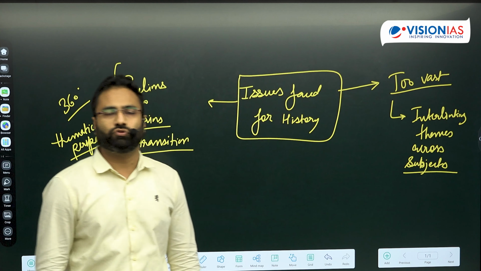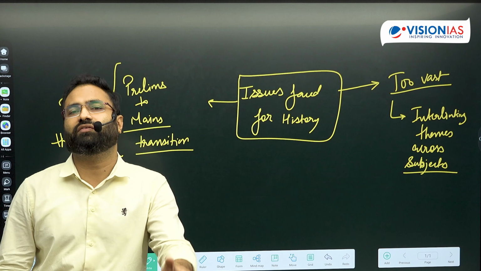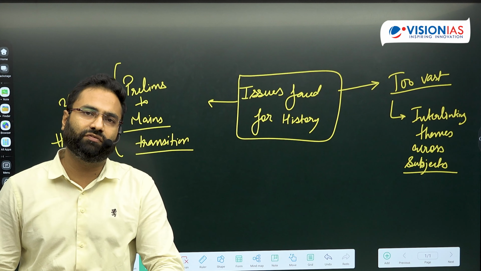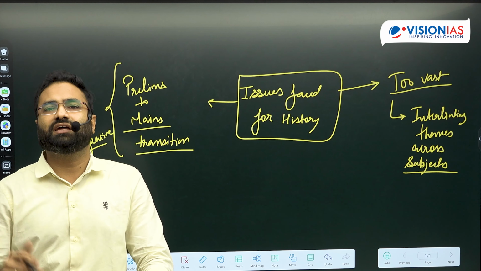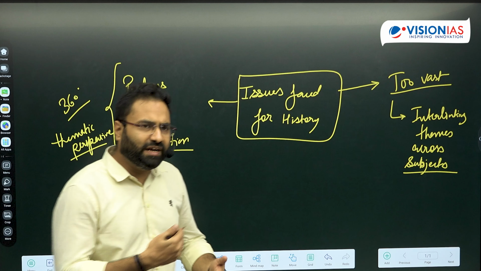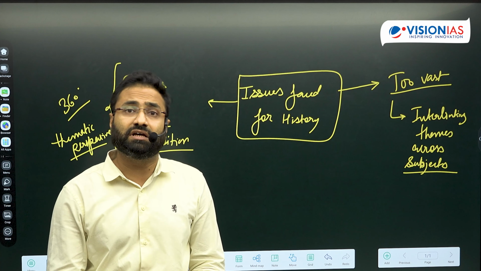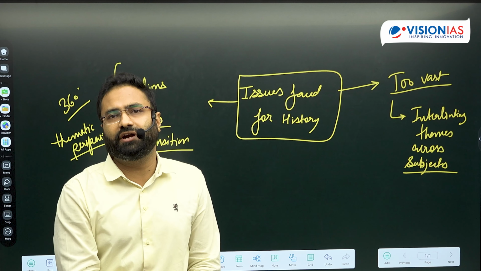Because sometimes the kind of acts that the British East India Company laid down, for example, from 1773 till 1858, and even after that till the Government of India Act of 1935, all these were the building blocks of the constitution also, because they inspired the constitution in some way or other. So they will be important from the polity perspective also.